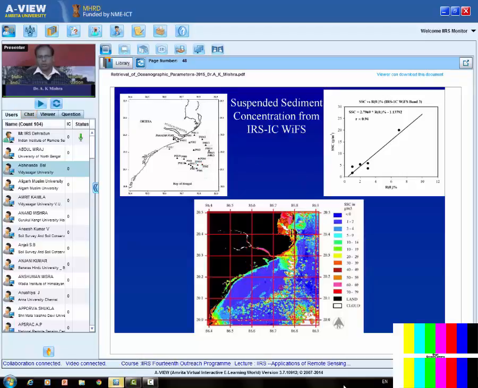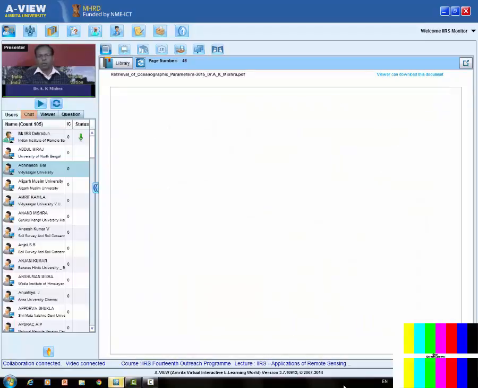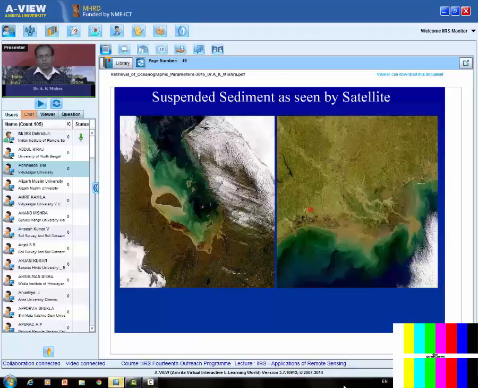But due to cloud cover, we could only match a few points, where we are getting a similar linear relationship. So you can use this data, develop an algorithm, and monitor the suspended sediment concentration. This is the suspended sediment concentration seen by the SeaWiFS data in different coastal areas of the world.